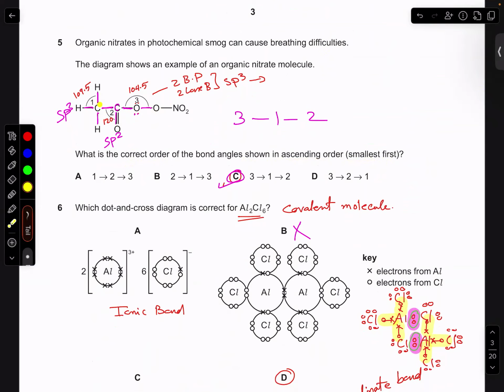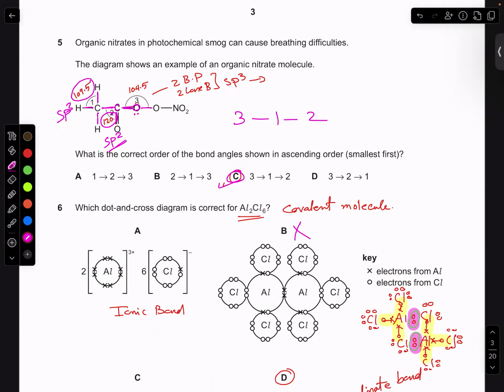Here, this carbon has 4 bonds, 1, 2, 3, 4. These 4 bonds make the hybridization sp3, and the bond angle is 109.5. And this carbon makes 3 sigma bonds, so the hybridization is sp2 and the bond angle is 120.